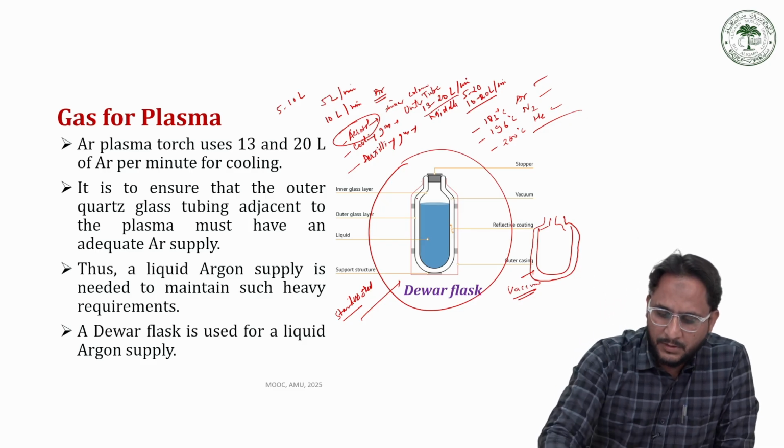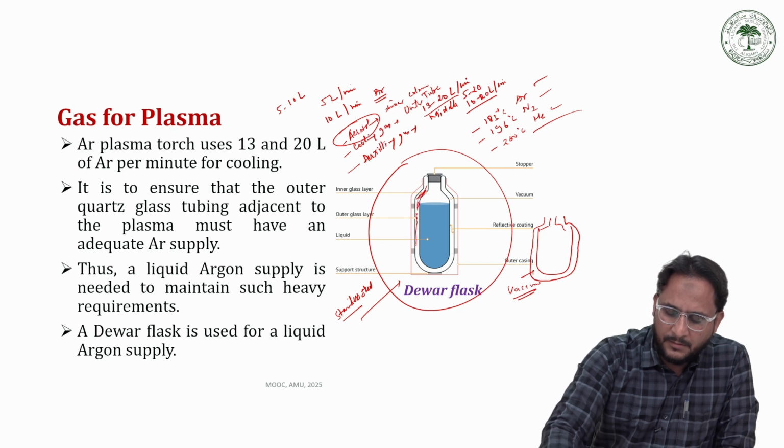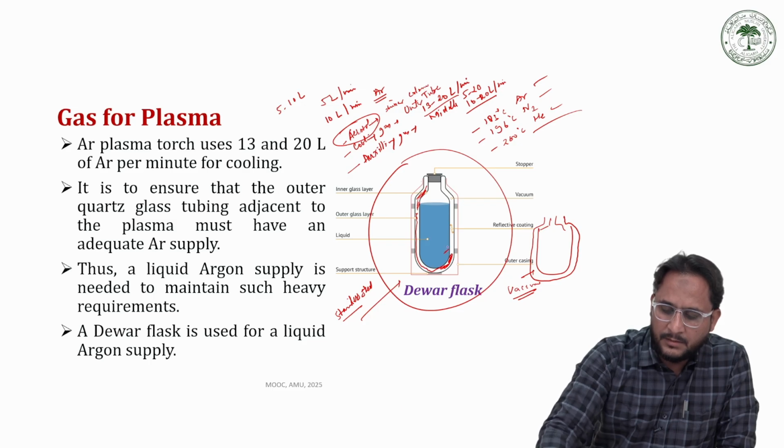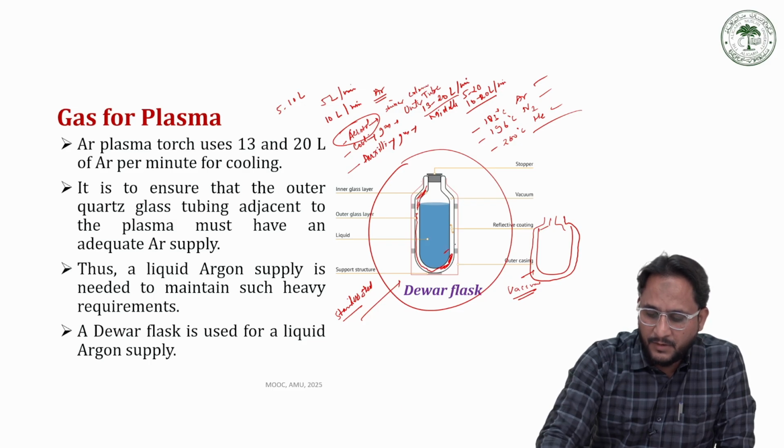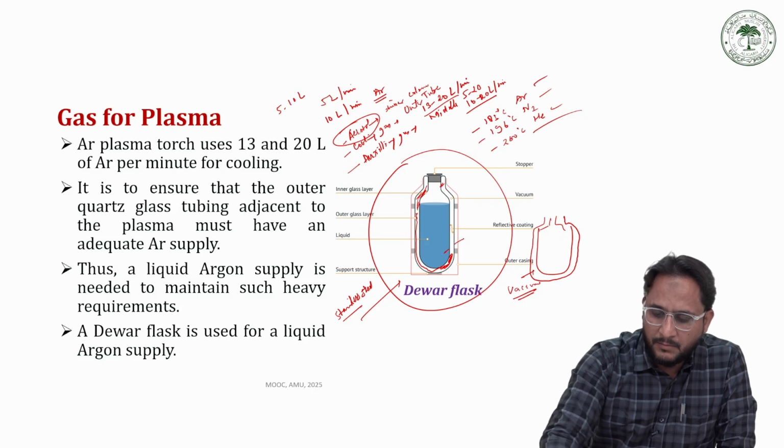So this portion is basically the vacuum filled region. This is the inner stainless steel flask, this is the outer flask, and then in between we have this portion.